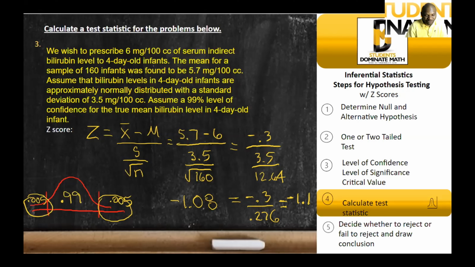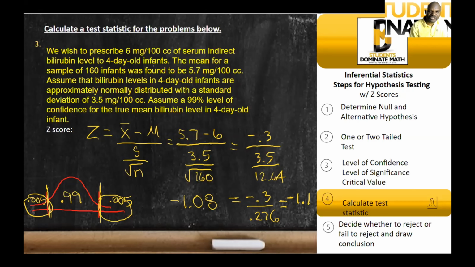I've really tried to emphasize that the way you get these critical values is to examine the area to the left of the boundary. One area here is 0.005. The area to the left of this boundary is actually 0.005 plus 0.99, so that area would be 0.995.